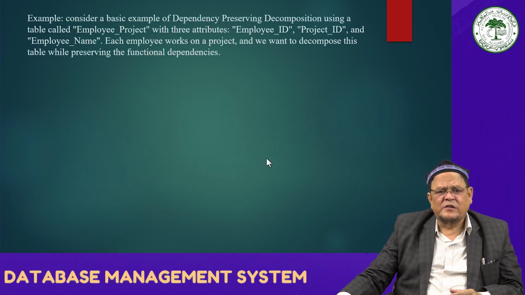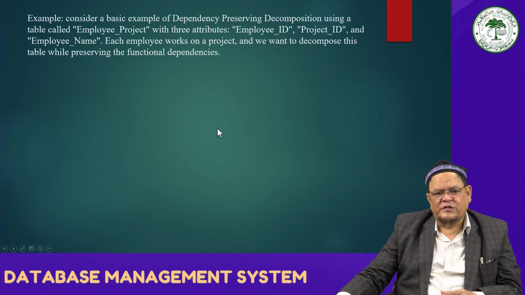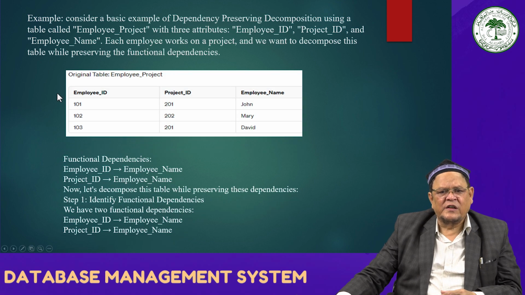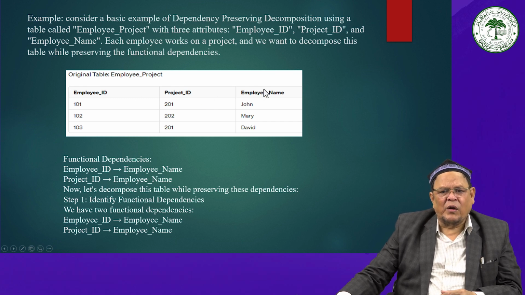I'm taking one example. You can see on the screen, consider a basic example of functional dependencies decomposition using a table called EmployeeProject with three attributes: Employee ID, Project ID, and Employee Name. Each employee works on a project and we want to decompose the table while preserving functional dependencies.